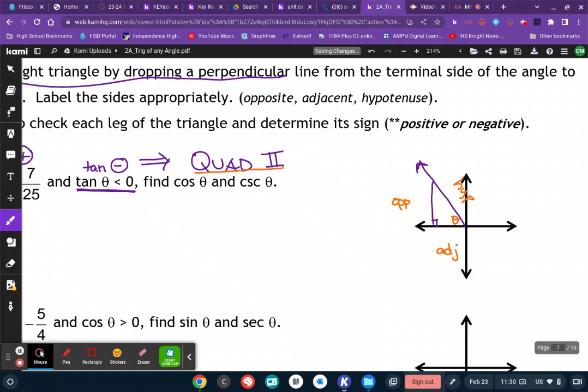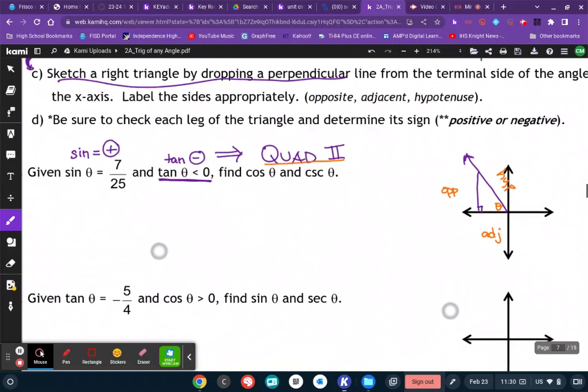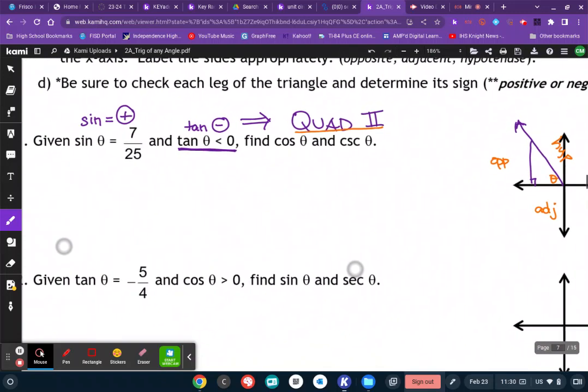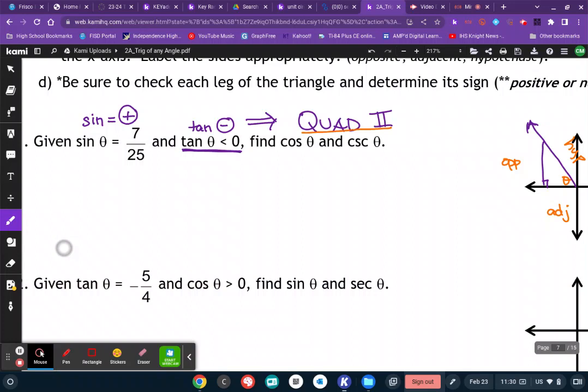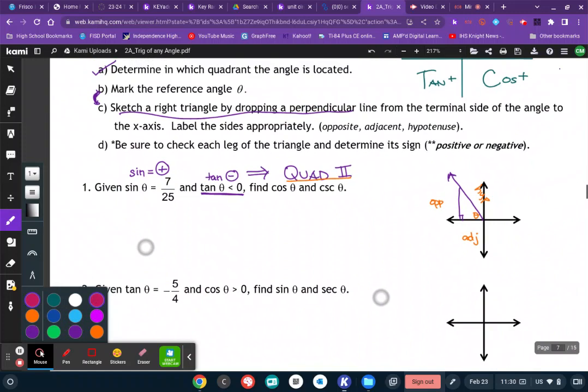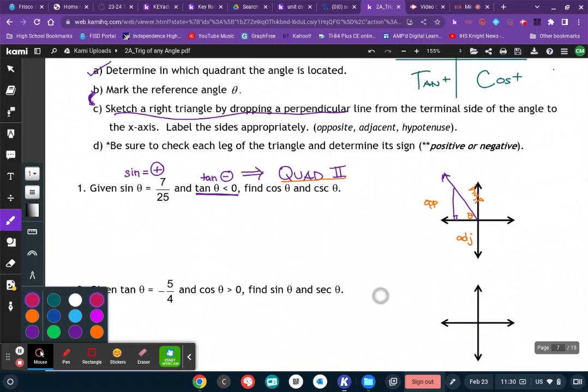Now, not only am I going to label opposite, adjacent, hypotenuse, but I'm going to label with the values of the sides, and I'm going to figure that out now. They gave me information about sine, and I need to recall SOHCAHTOA. Let's see, where can I put that in my notes?